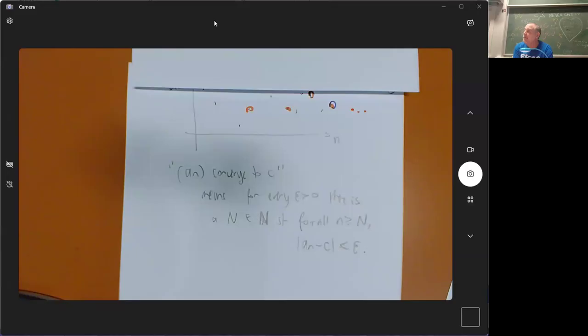Huh. I mean, there is at least one subsequence that does converge to C. This we know to be true, right?